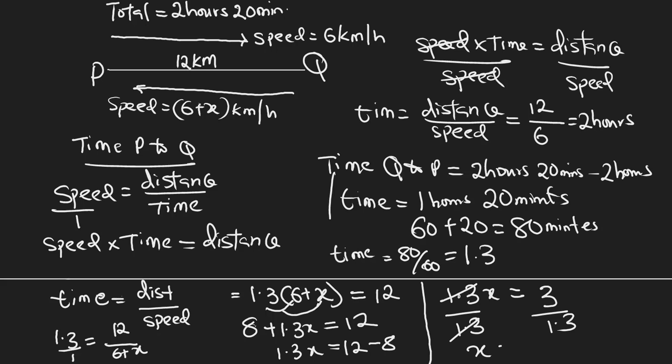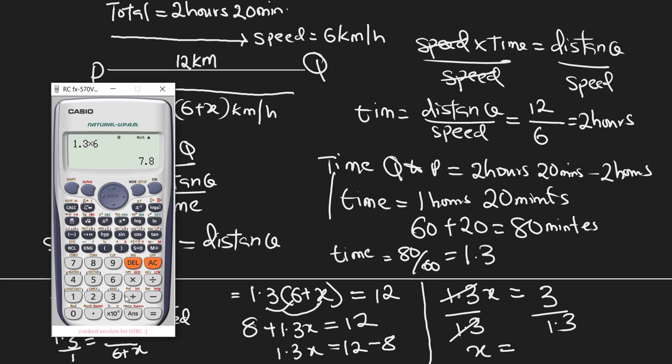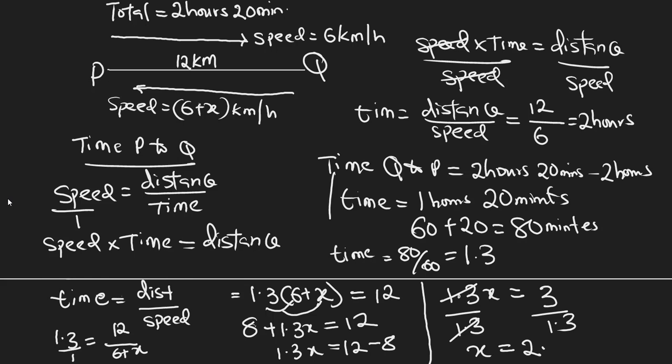So our x equals 3 divided by 1.3, which equals 2.3. So that is our x, 2.3.